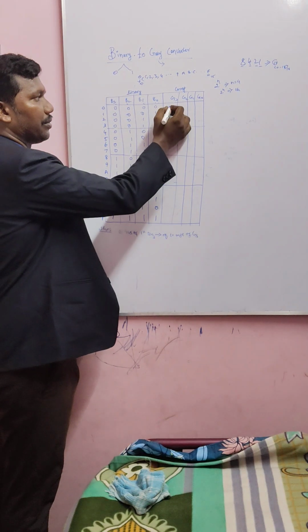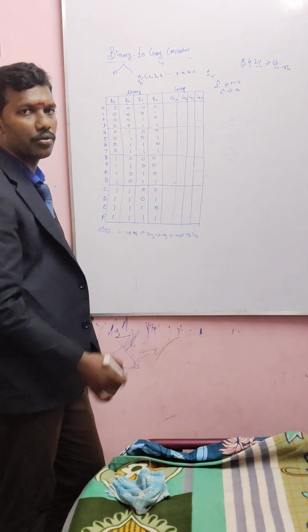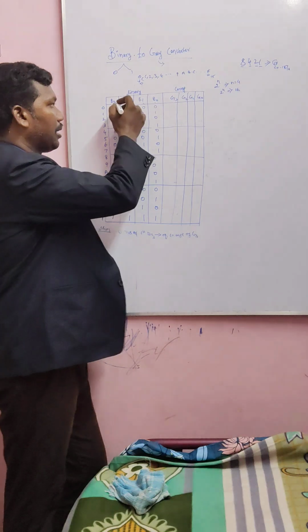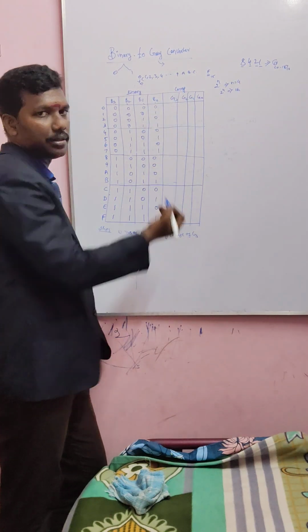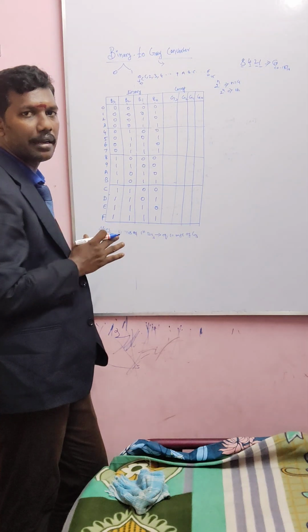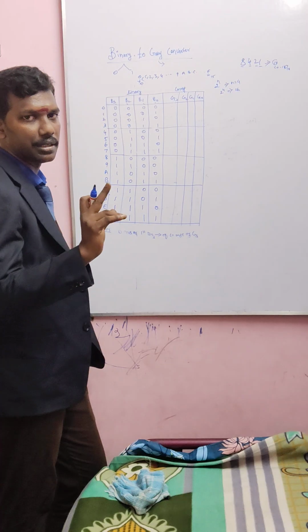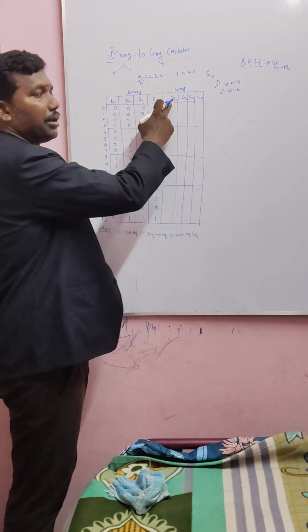So the MSB of G3 will be the same as this one, so it's a common one. We can directly copy B3 into G3. That means the most significant bit of the binary is the same as it is in the gray, the first bit. That is the MSB.